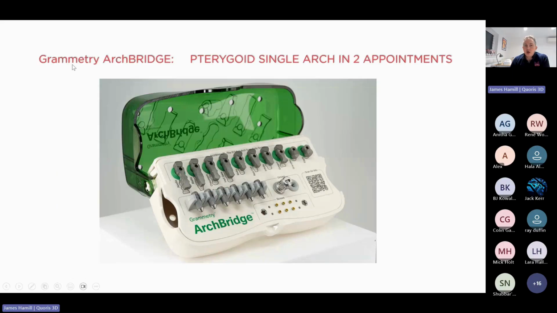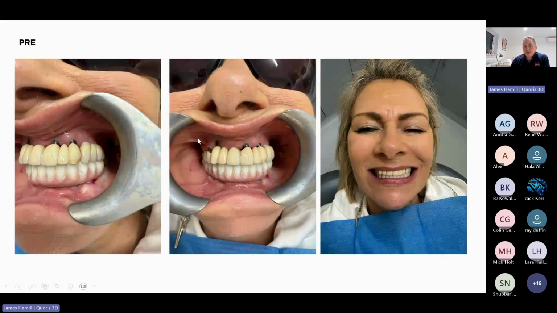This is another arch bridge case, only this is the pterygoid case. Again, this is 2 appointments, but it's a single arch. This was actually a rescue case that we did with guided smile in the upper arch, where old implants had to come out. She also had the lower arch restored about 12 months previously, so we knew we were going to have to deal with this upper.